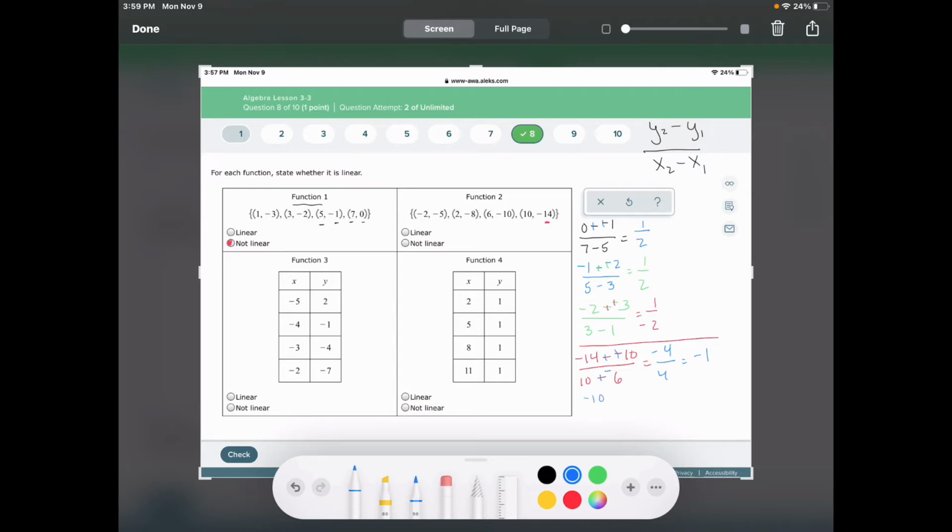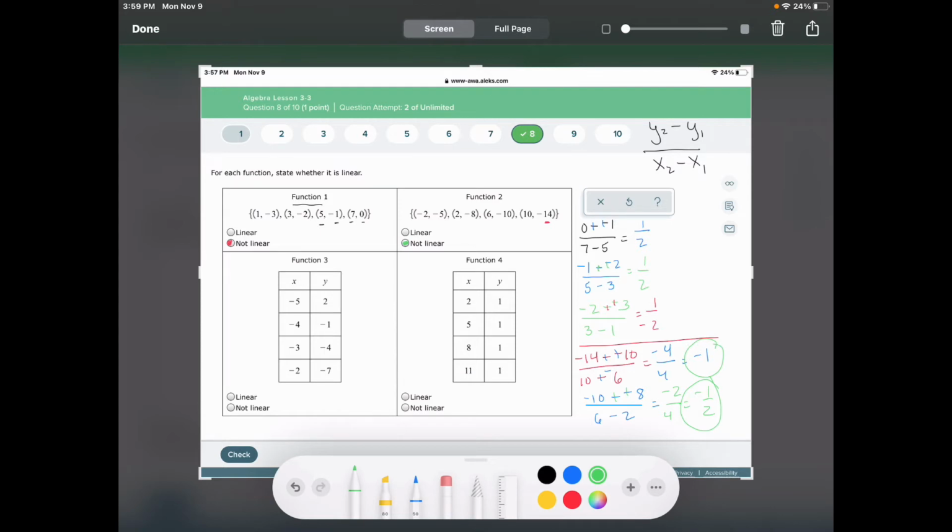Negative 10 minus negative 8 over 6 minus 2. That's negative 2 over 4, or negative 1/2. So as long as I'm not doing my numbers wrong, and you want to keep double checking to make sure you didn't make a mistake, they have to be the same slope. So if I come up with different slopes, that's not a line.